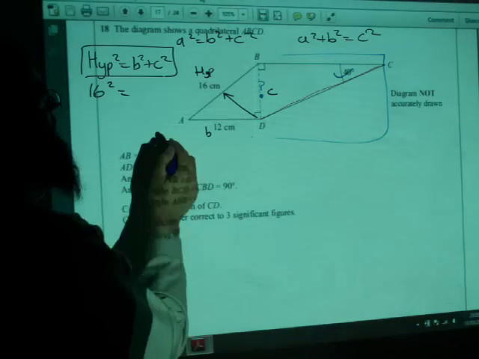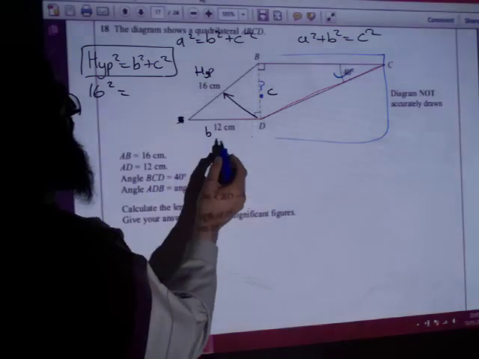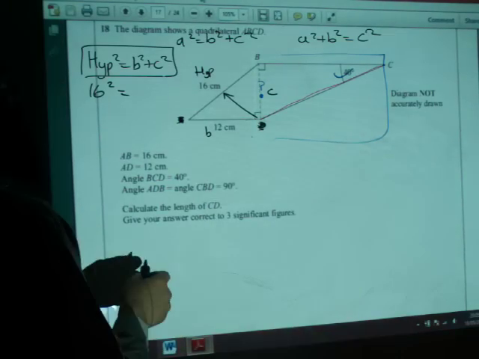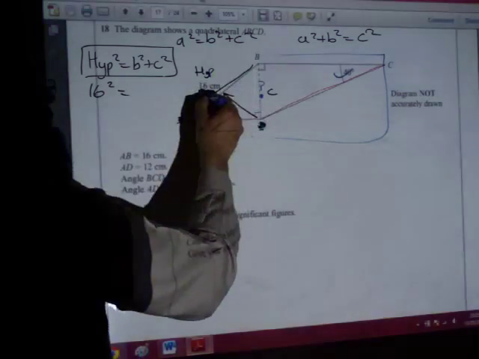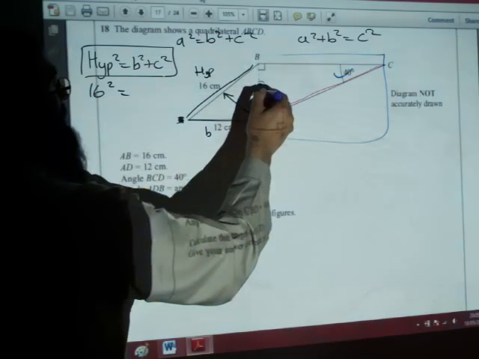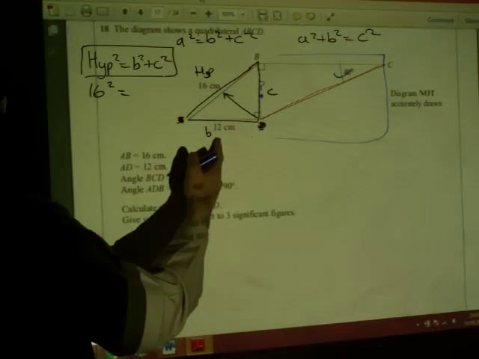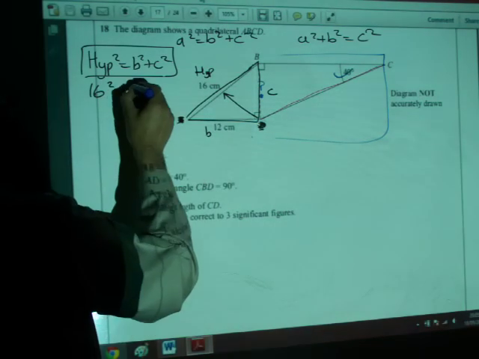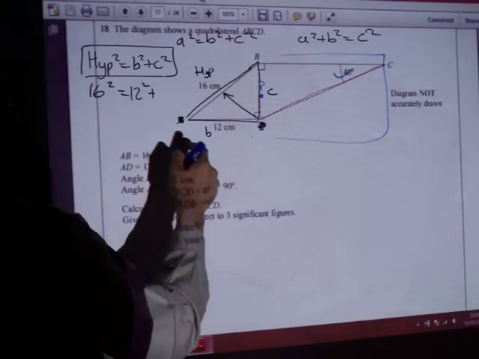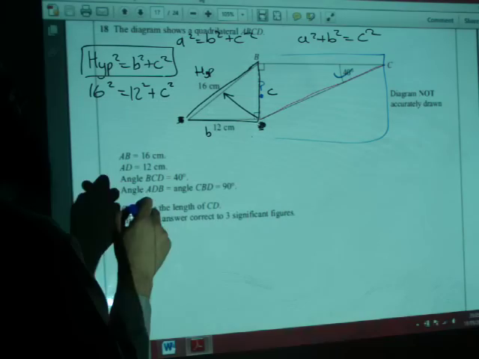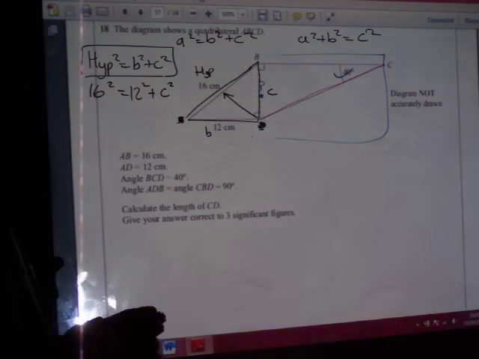Okay, I'm going to ignore this here and this here. So we have our triangle here. What is the value of B, Isa? The value of B is 12. And the value of C is what we need. Let's call that C.